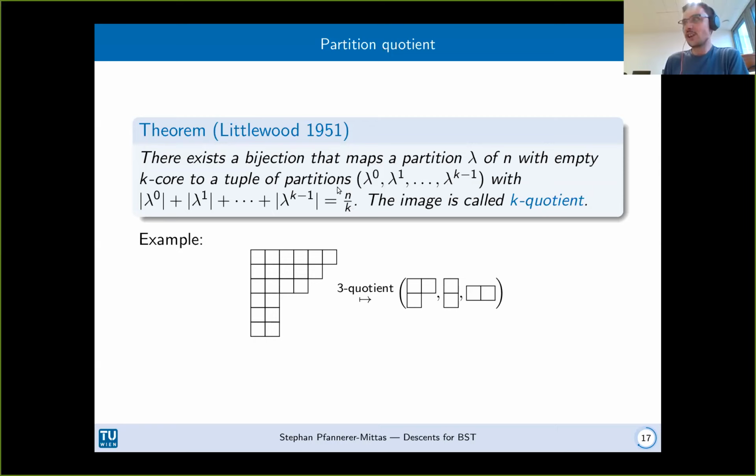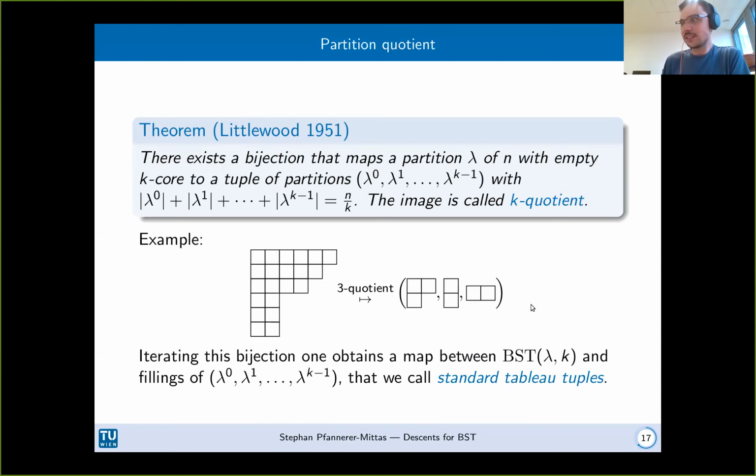I don't want to tell you how to get this quotient, but simply use it as a black box. If we have empty k-core, we can bijectively map it to a tuple of k partitions with smaller size. So in this example, this is a partition we have seen before. This has size 21, and here the total size is 21 over 3, which is 7. So this is the 3-quotient.